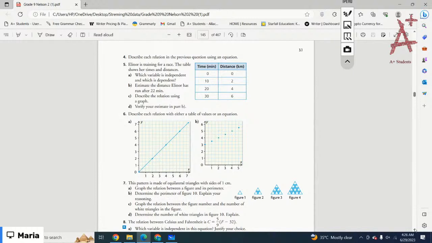Okay, estimate the distance Eleanor has run after 22 minutes. That means you are given the time, that is 22. Got it? So 22 is between 20 and 30. That means the distance would be between 4 and 6. And then for the C part, you just have to plot the graph. Okay, just look at question number 7.